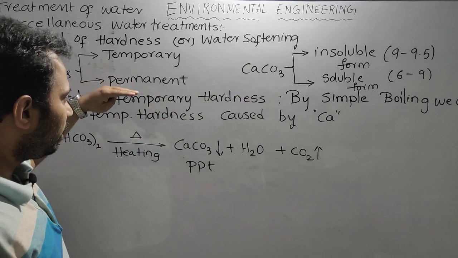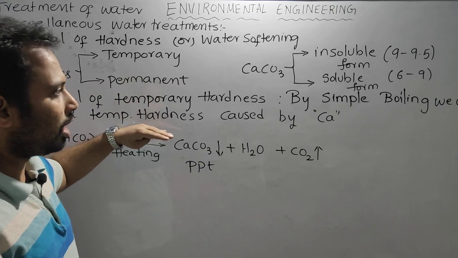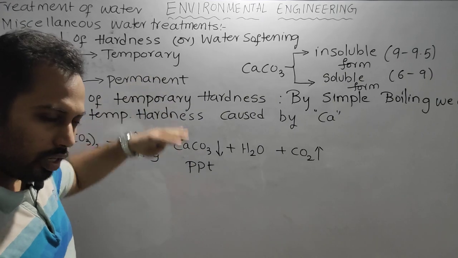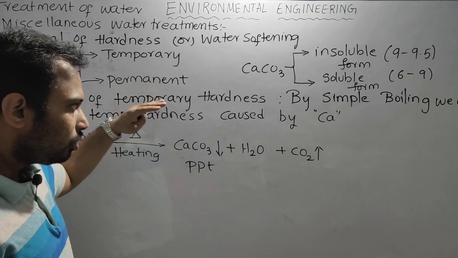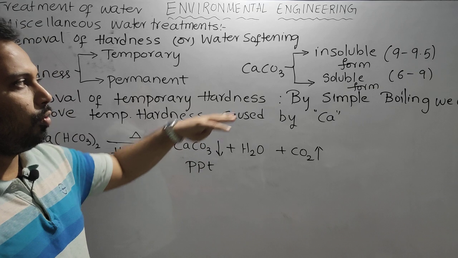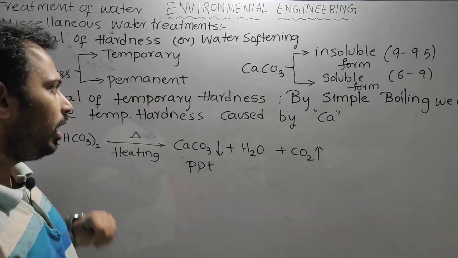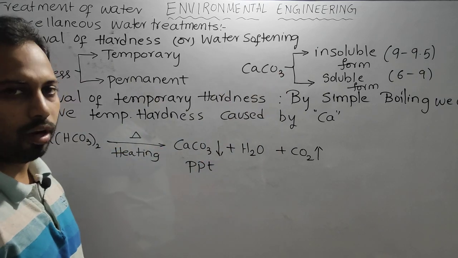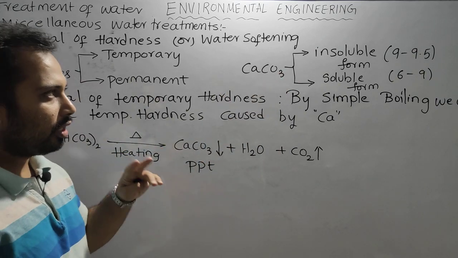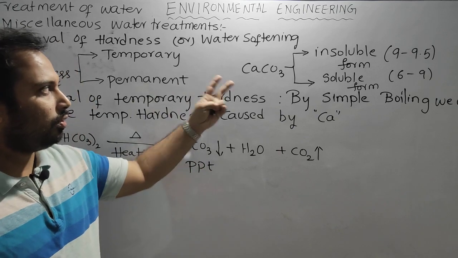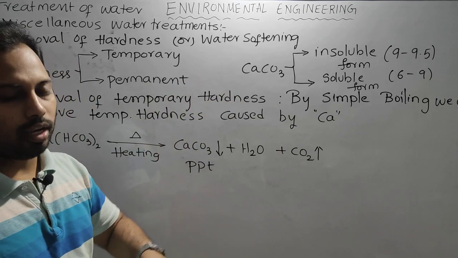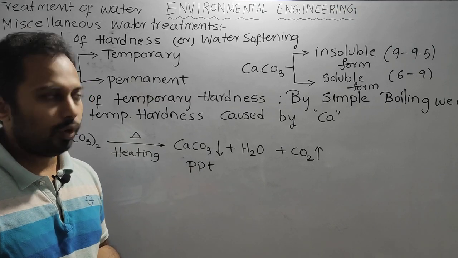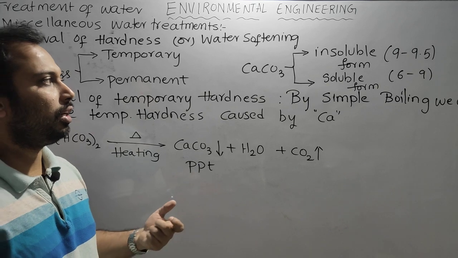Once you have completely understood the temporary hardness and permanent hardness removal, once you look at the equations, the reactions that happen during this whole removal of hardness, you will understand the importance of CaCO3 and the importance of keeping the pH in between 9 to 9.5. When you keep it at 9 to 9.5, this CaCO3 precipitate will be in insoluble form. So in insoluble form we can remove it, because it can be settled like a precipitate.